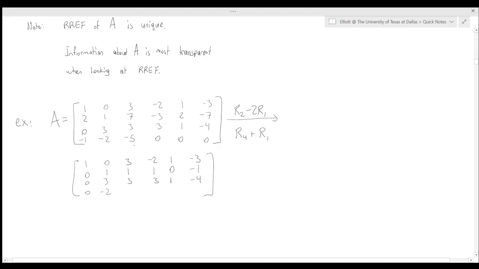If I do row 4 plus row 1, it'll be negative 2 here, negative 2, 1, and then -3, okay?